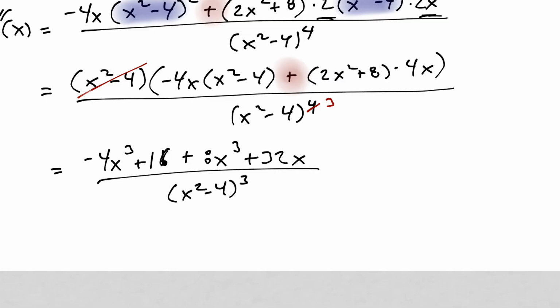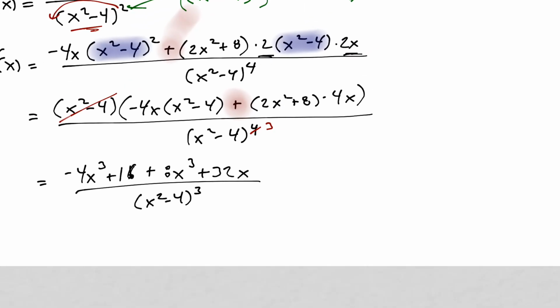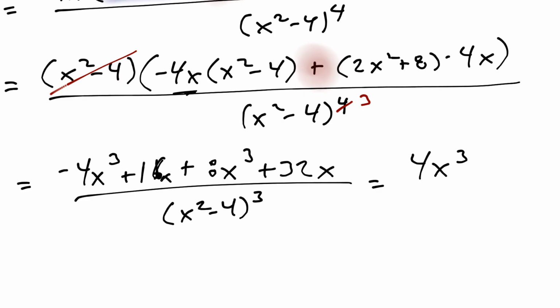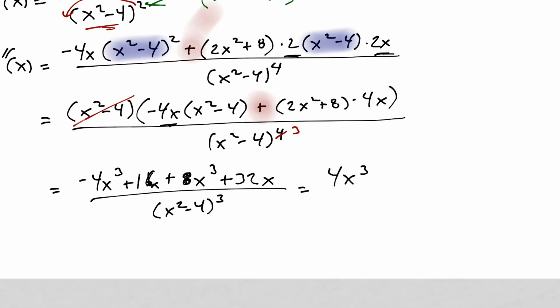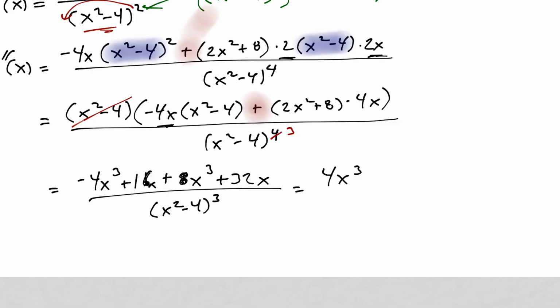And finally, combining like terms, I get 4x to the third power. And sorry about that, there should be an x from here next to this 16. So I get negative 4x cubed and positive 8x cubed gives me negative 4x cubed.